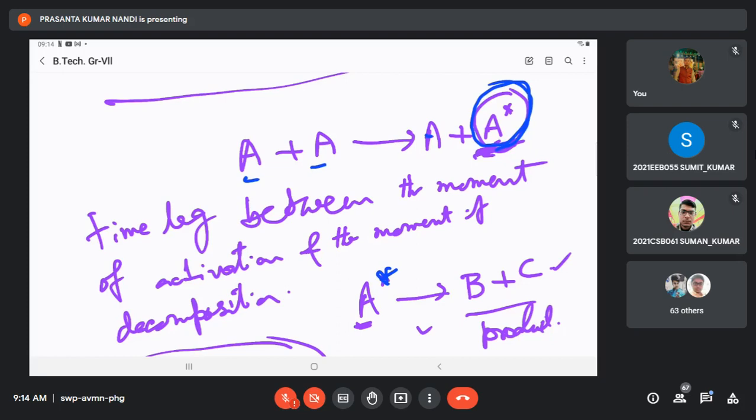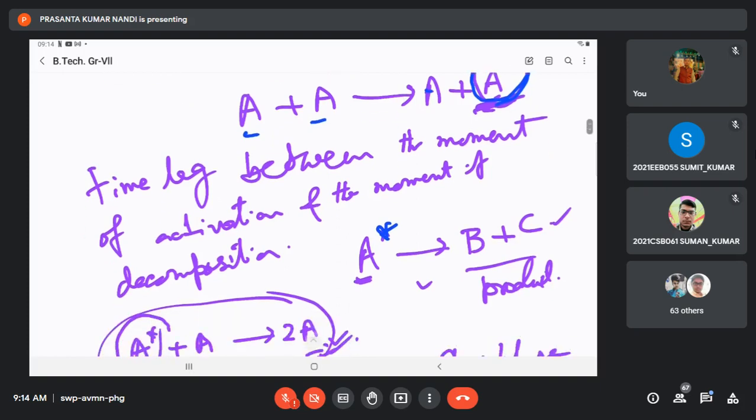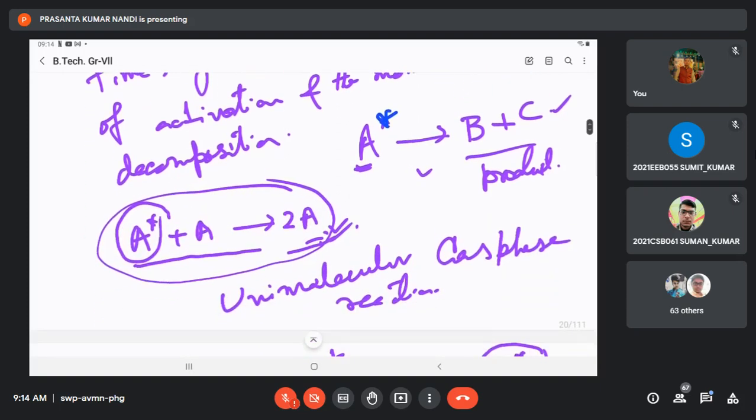So naturally it requires some time. Now, within this time lag, these activated species may collide with other reactant molecules present in the reaction vessel and be deactivated.